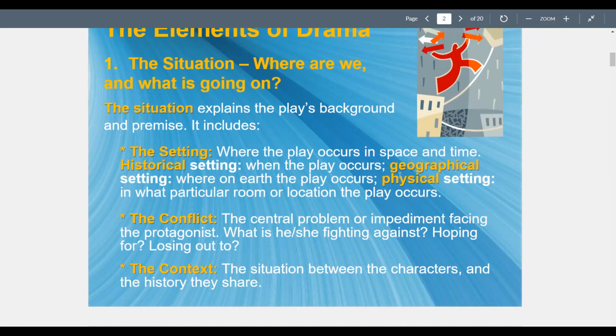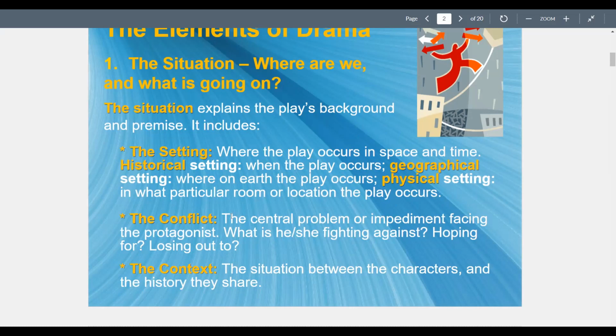The physical setting, it takes place outside of the courthouse, the palace, throughout the entire play. Then we'll look at things like Midsummer Night's Dream, where it's still ancient Greece in Athens, but the physical setting goes from the palace to different places in the woods back to the palace. You can see how it changes depending on the type of play.